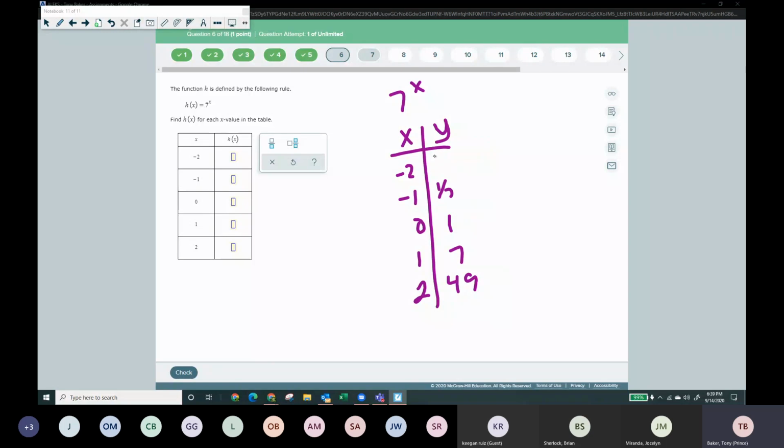So this becomes 1/7 and 1/49. So remember your exponent rules. Otherwise, you're going to be in for a world of hurt doing these problems. So 1/49, 1/7, 1, 7, and 49.